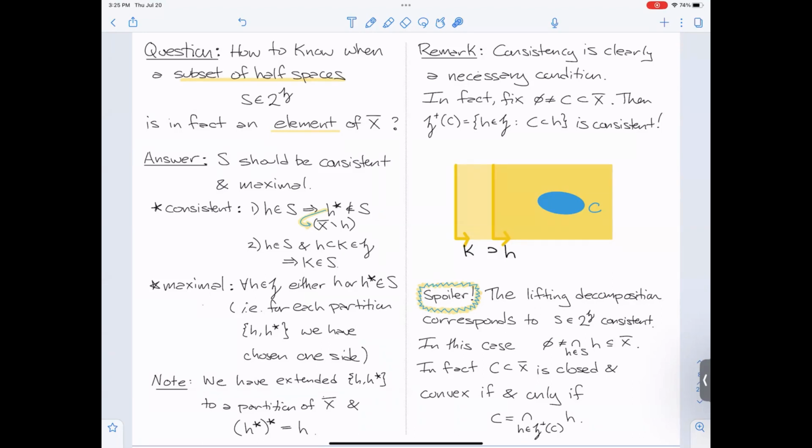So the spoiler here is that the collection of consistent half spaces will exactly correspond to collections that contain a set. And if you do it sort of twice, then you will get a closed convex subset of the Roller compactification. So that is where we're headed with the lifting decomposition.